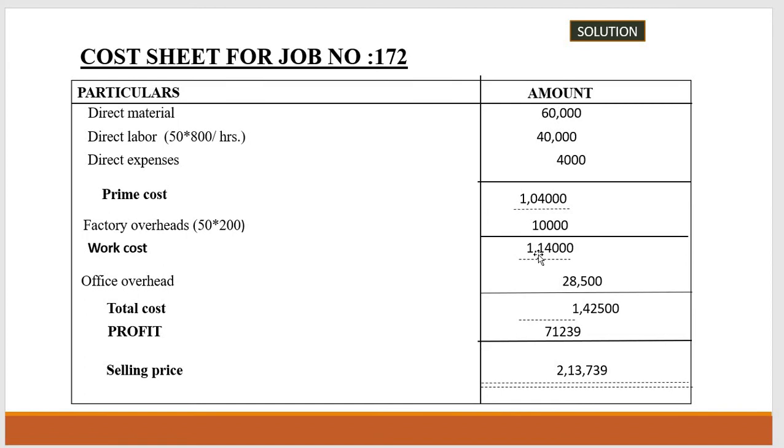Here work cost is 1,14,000 plus office overhead 28,500, so total cost is equal to 1,42,500.